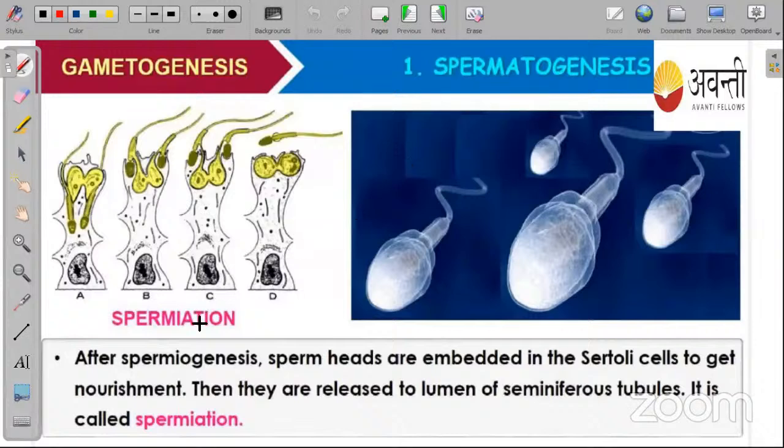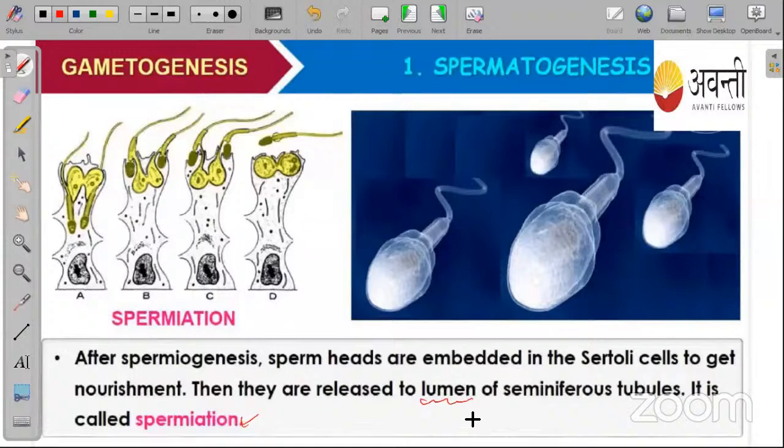Okay, so after spermiogenesis, sperm heads are embedded in the Sertoli cell. So you can see in this diagram, okay, this is the sperm cell and it is embedded in the Sertoli cell to get nourishment. Then they are released into the lumen. ठीक है, तो वो after nourishment they are released into the lumen of the seminiferous tubule, and it is known as spermiation. उस process को क्या कहते हैं हम?